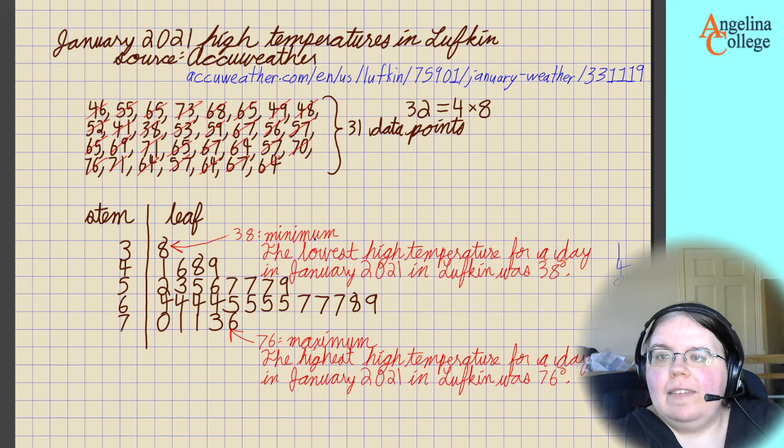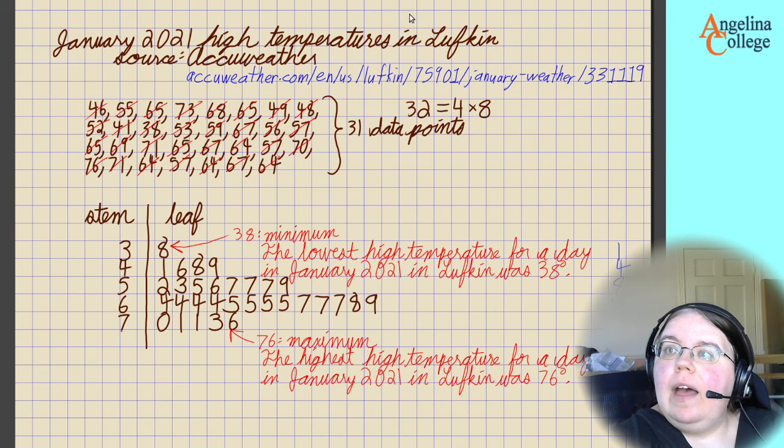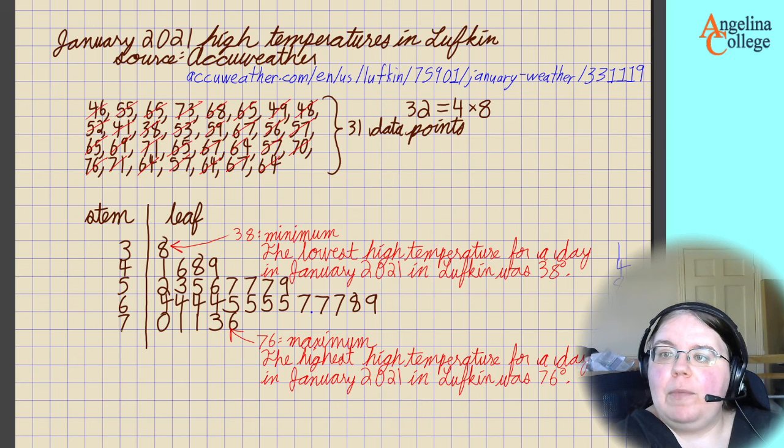Okay, so there's an example of two numerical facts that can be much easier to find using a stem and leaf plot than by just looking at the data set in its raw form. Another that can be easier to find this way is the mode, which is whichever there's the most of.